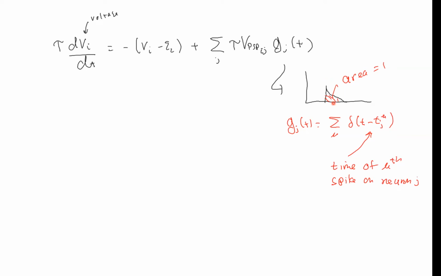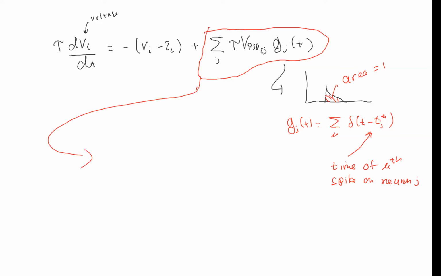Okay, and when we average this quantity, so we took the average of this, what we got is the time average was equal to tau, the sum on j of V_PSP,ij ν_j.